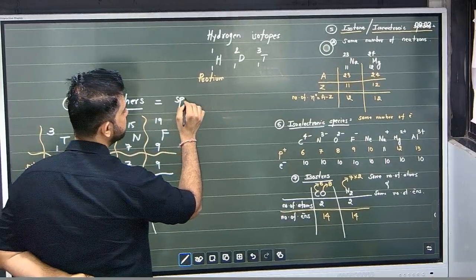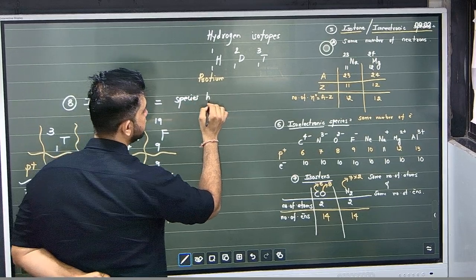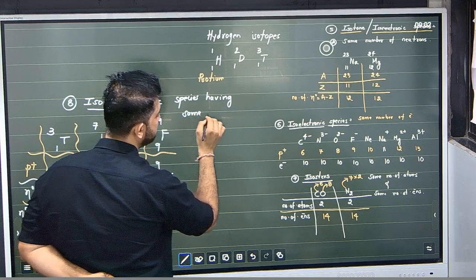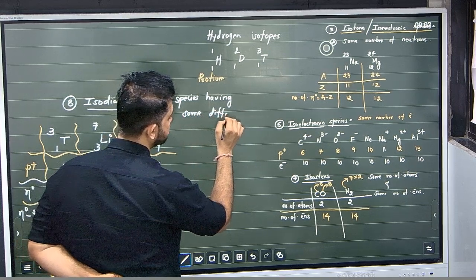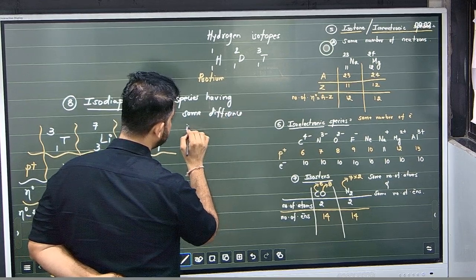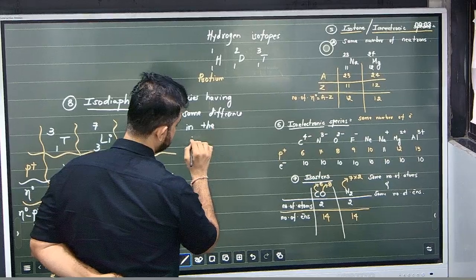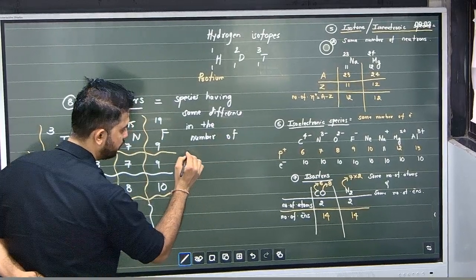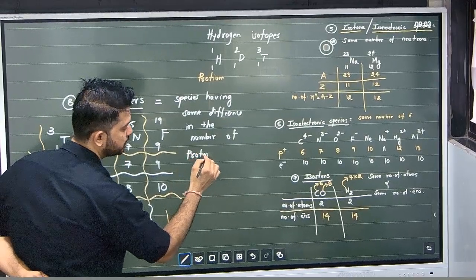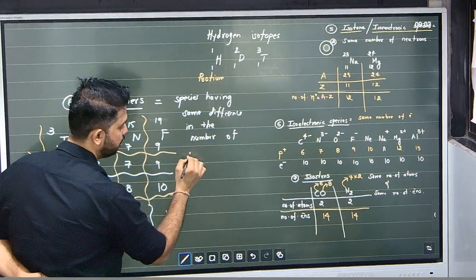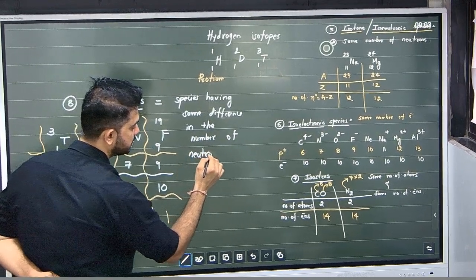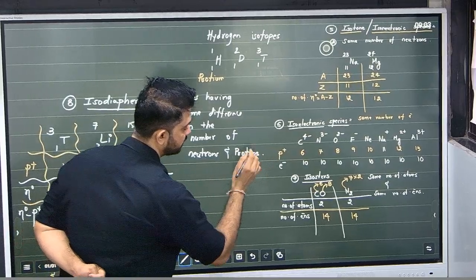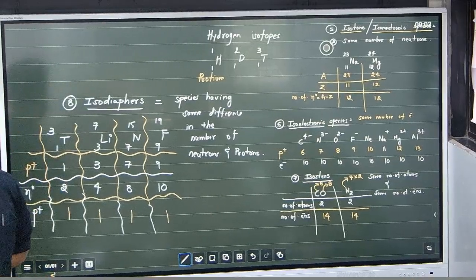Species having the same difference in the number of neutrons and protons. Did you get that?